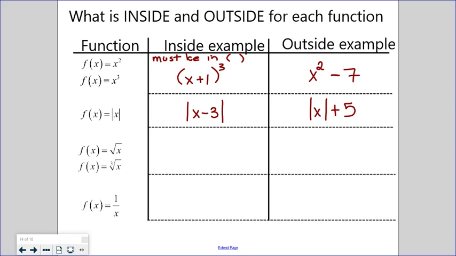If it is underneath the symbol, it is considered inside. And if it is not, we would consider it an outside number. So something like cube root of x plus 8, that plus 8 would be considered inside, compared to something like square root of x, minus 10, that minus 10 would be considered outside.